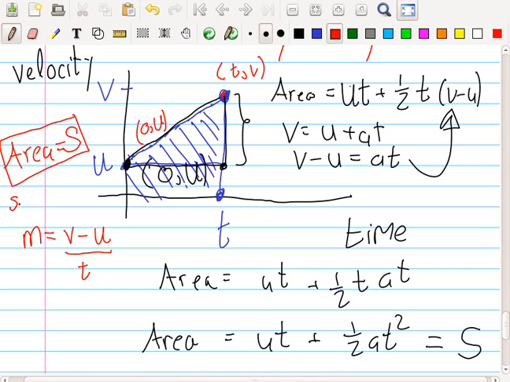The slope equals acceleration. So here's U, here's V, here's A, here's T, and what's the S? The area. So every single thing you need is on this graph.